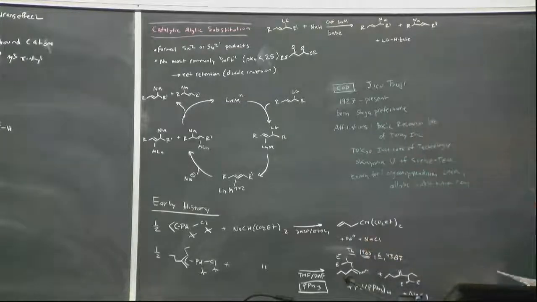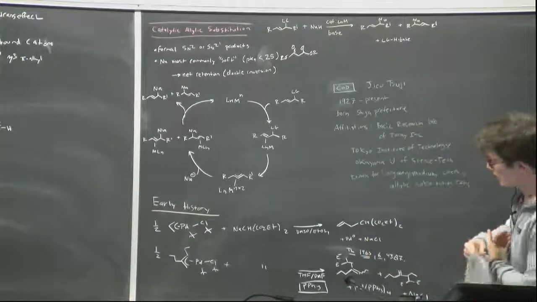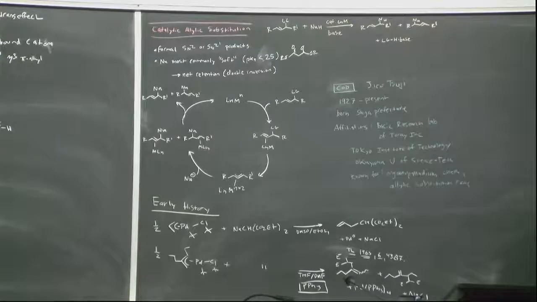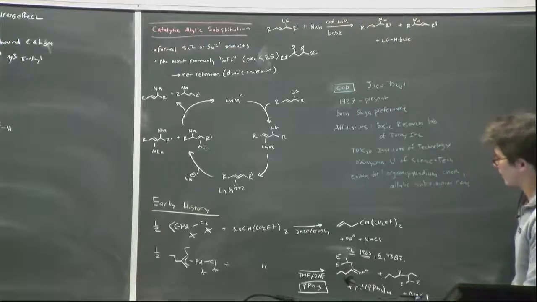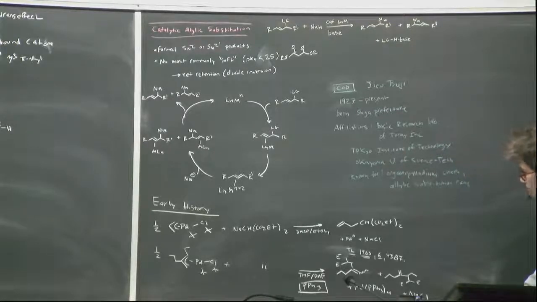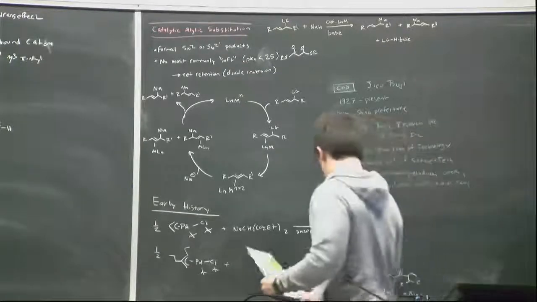Which now, anytime we discuss metal-mediated allylic substitutions, the names Tsuji and Trost are on our mind. Okay, so in 1965, Tsuji reported this landmark paper.